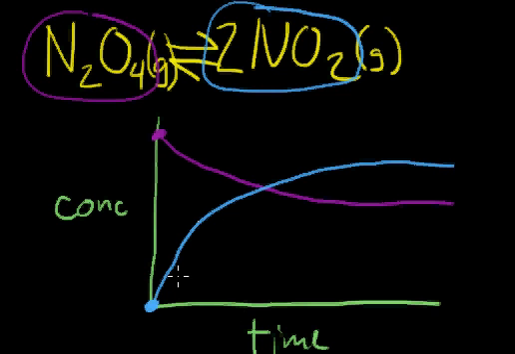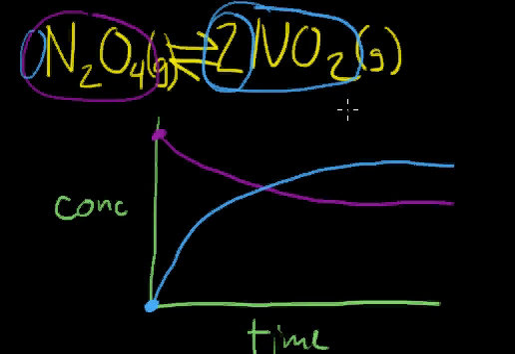So we have a steeper, sharper turn here, which means that there is a steeper curve for NO2's production than there is for N2O4's reduction. And so this means that there must be a relationship that corresponds to this coefficient of 2 and N2O4's coefficient of 1. And so what is that relationship?